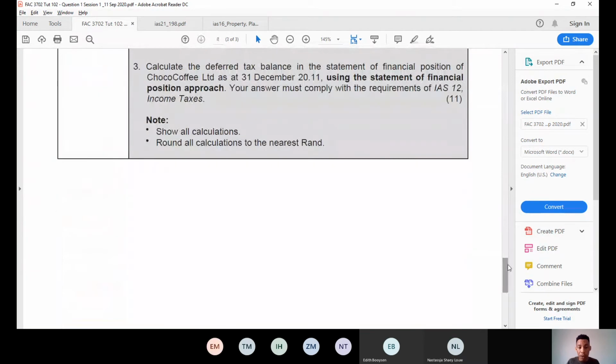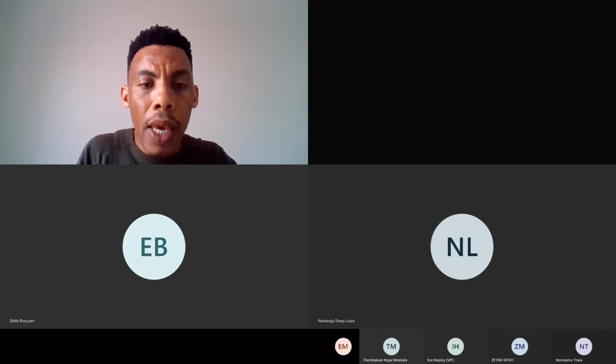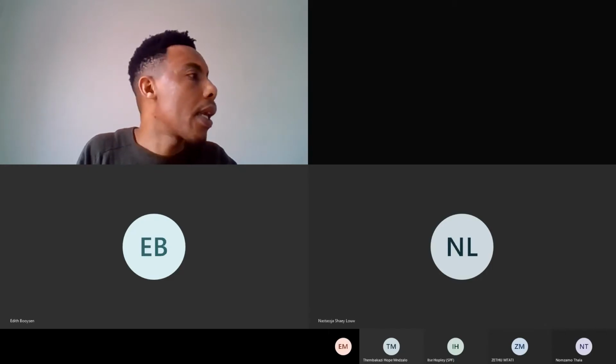Now we're going to start writing down. Fine. Now I just want to show you how the template or the skeleton for required 3 would have looked. So I'm going to share that with you just now. Okay, required 3.